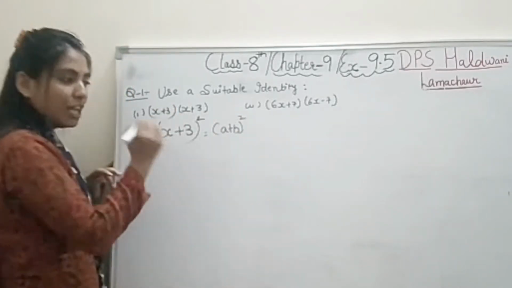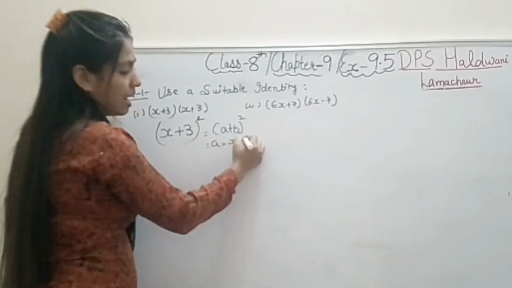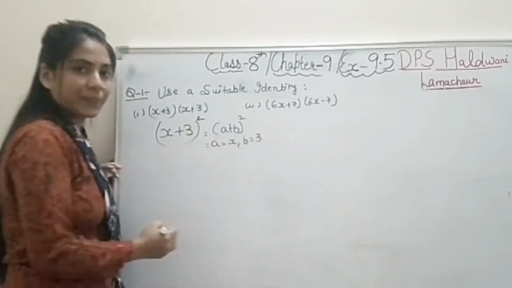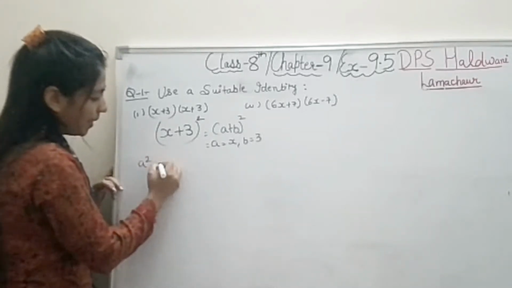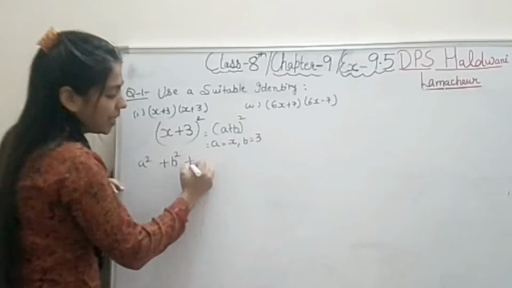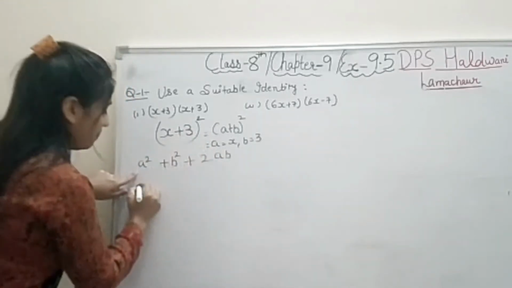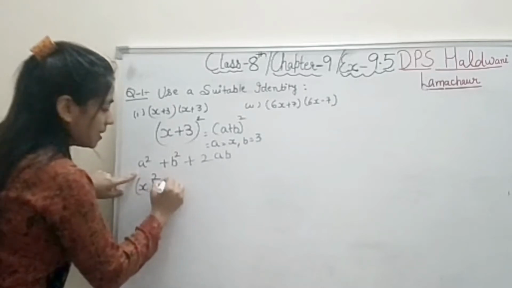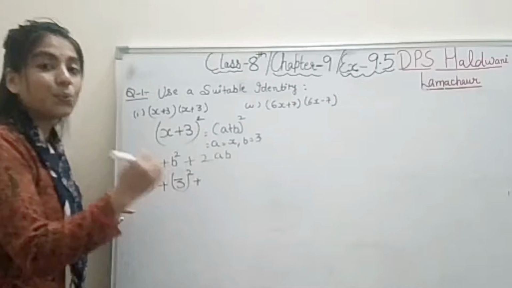So a is equal to x and b is equal to 3. The formula is a square plus b square plus 2ab. Where is a square? a square means x square, plus b square means 3 square, plus 2ab.